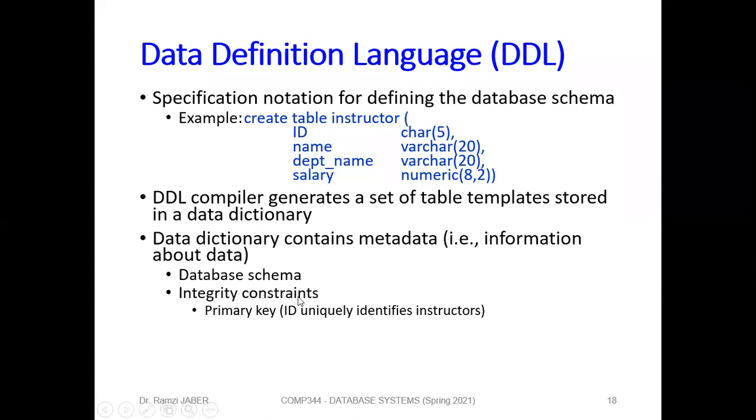Among the integrity constraints we have, as we said, the primary key. When we create any table, we must define which field is very important, to call it and index it; it is the essential key, attribute, or column. So we always make the ID the primary key. ID must be uniquely identified, with no repetition. We may have repetition in the name, department name, or salary, but not in the ID of each instructor or student.